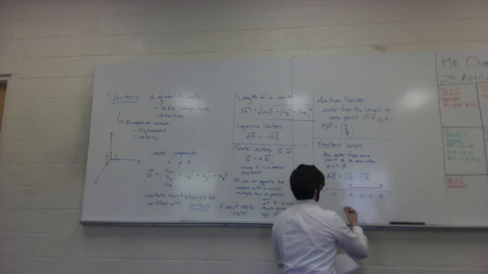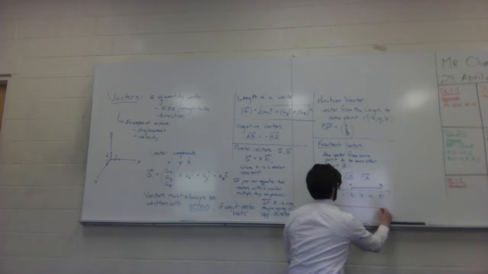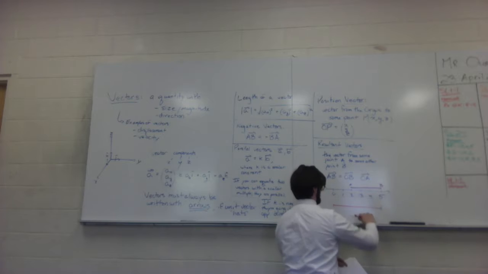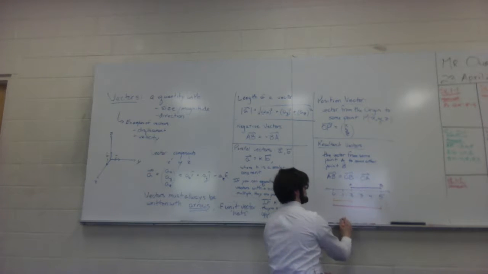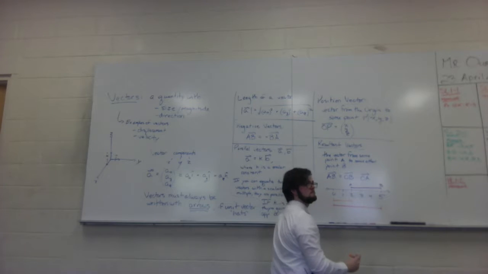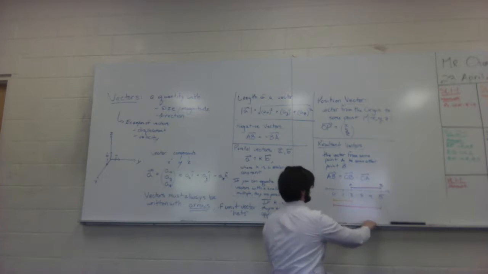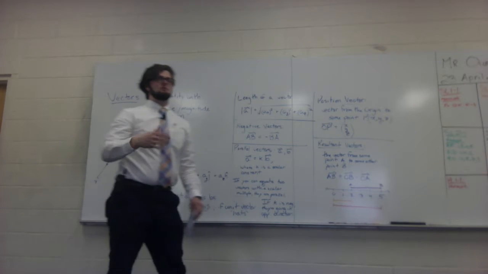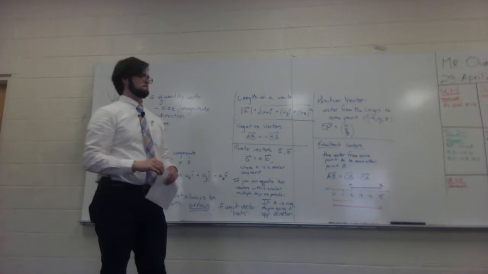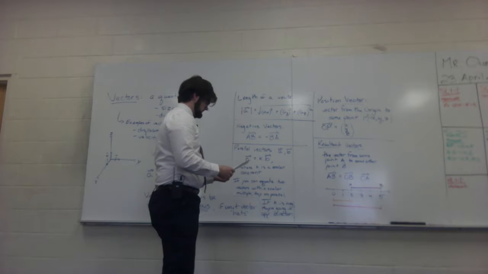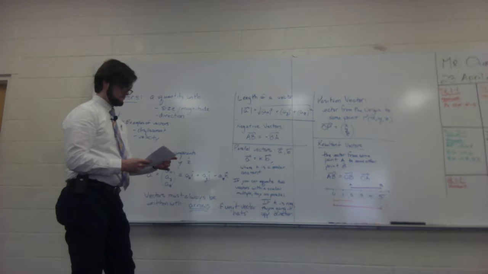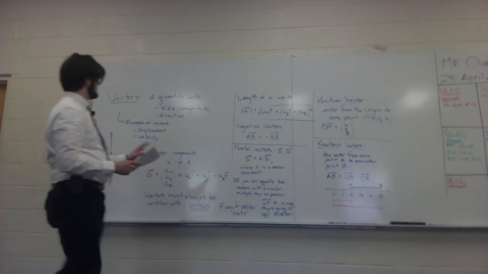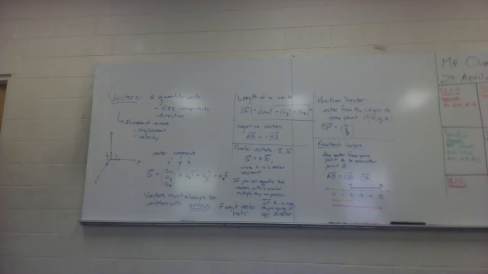Because 5 is from 0 to the end, and 2 is from 0 to the beginning. You have to do end minus beginning. So that extension is true when we expand it to 3 dimensions. Good question. Are we okay with what's up on the board now? I'm going to erase it. Yeah, great.